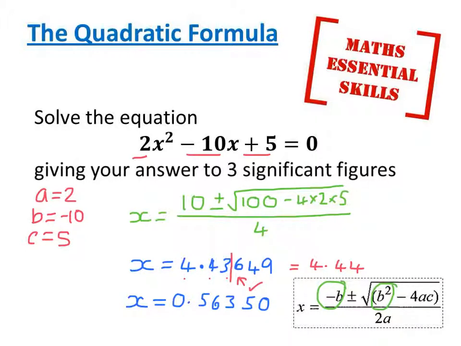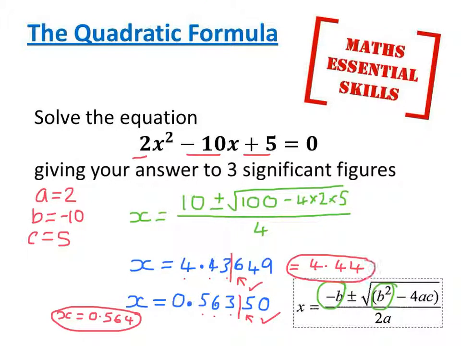Remember that 3 significant figures is 3 numbers from the first number that's not a 0. So 1, 2, 3, line down. Is it 5 or more? Yes, it is. Therefore, my other answer is that x equals 0.564. I'm just going to make it really obvious which part of this whole solution is my final answers.